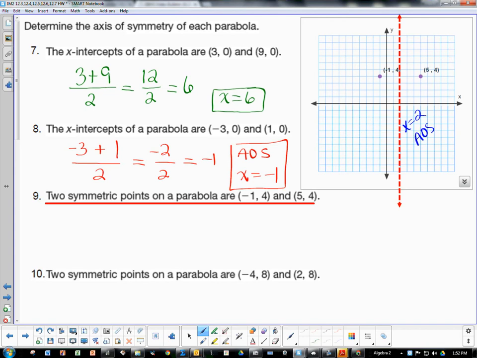Now, how are we going to do this mathematically? Well, what we need to do is we need to take these x coordinates, -1 and 5, so -1 plus 5, and find the middle, so divide by 2. This happens to be 4 over 2, and that is 2. So your axis of symmetry is x equals 2.